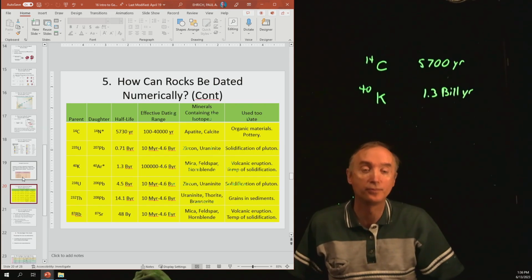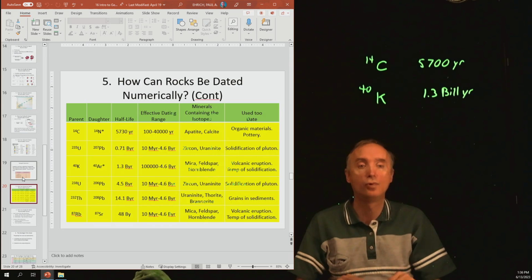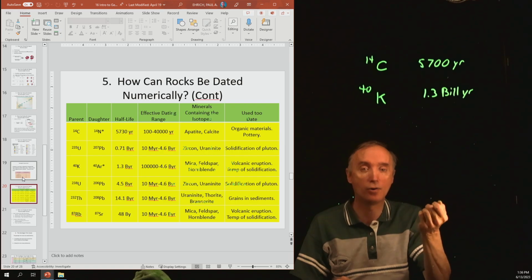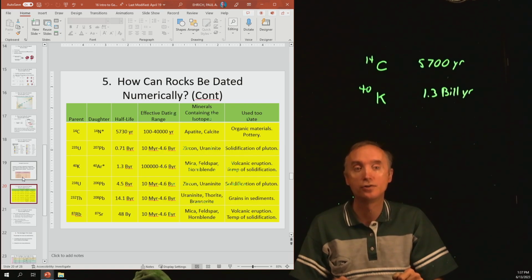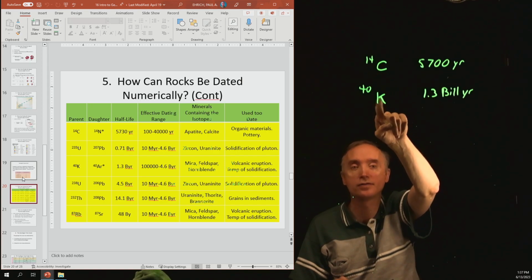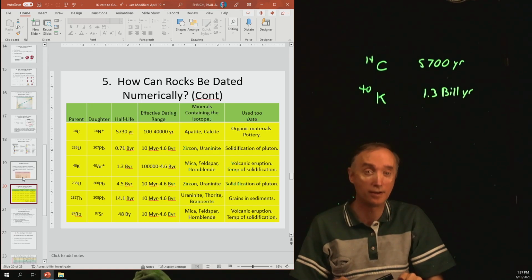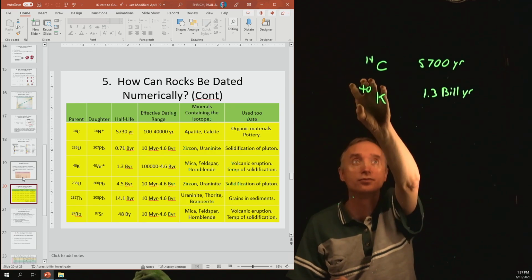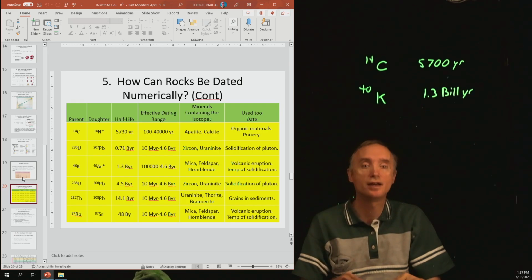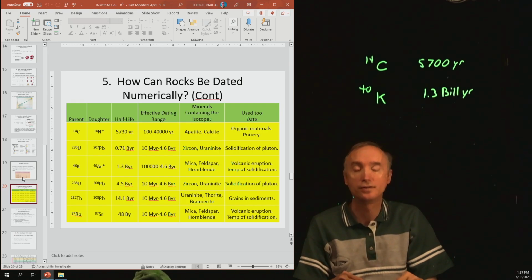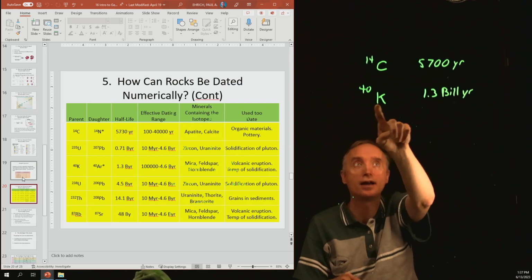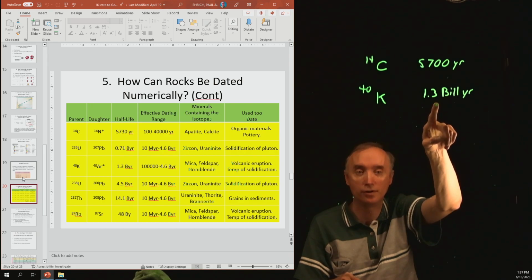Now this is important because let's say you find an arrowhead and you want to know how old the arrowhead is. Should you use carbon-14 dating or potassium-40 dating to do that? Well, you don't want to use the potassium. Let's say this thing is only 10,000 years old, but potassium-40 has a half-life of 1.3 billion years.